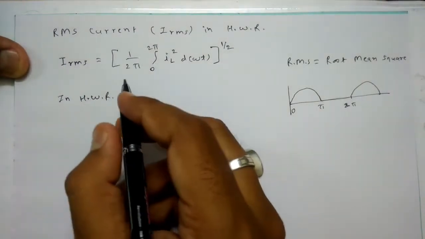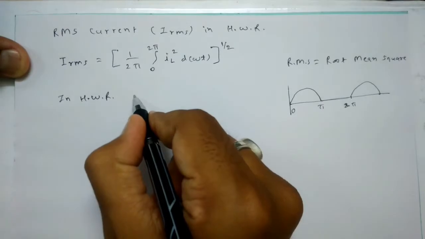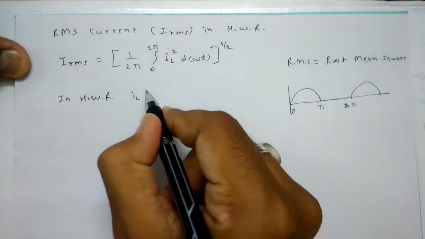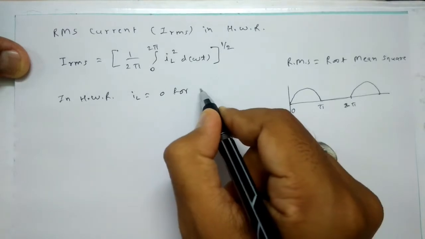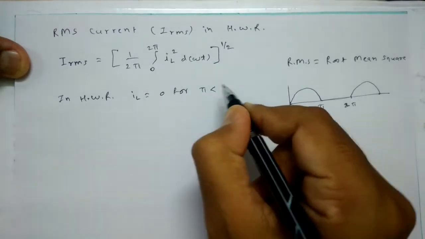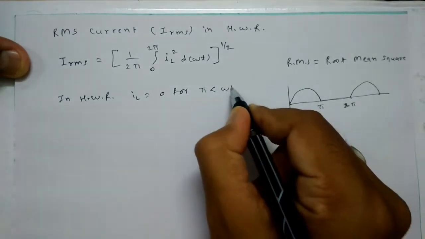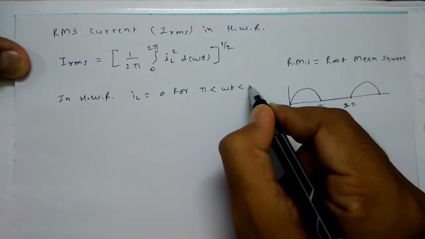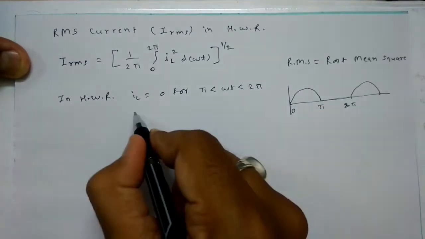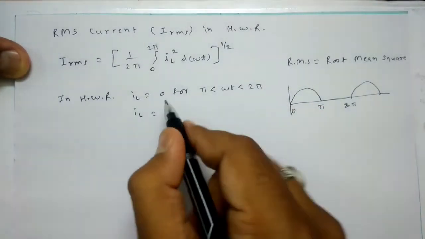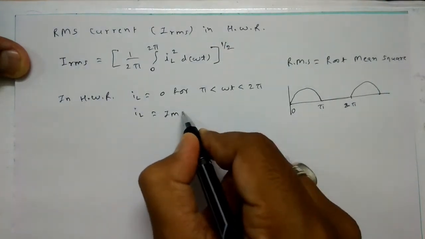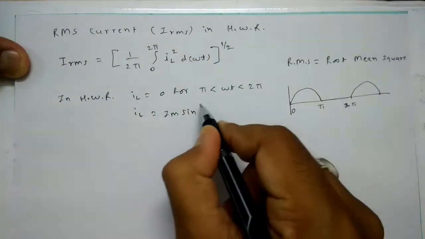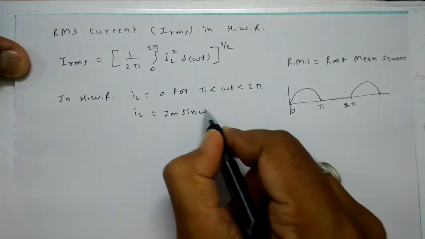So that's why in half wave rectifier we write IL is equal to 0 for pi less than omega t less than twice pi, right? And IL is equal to, now the equation is Im sine omega t, right?